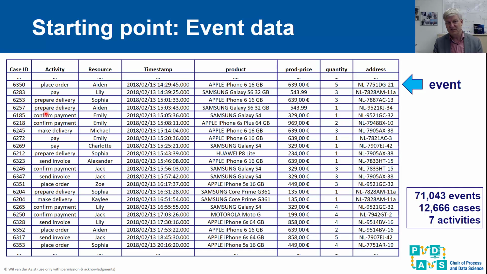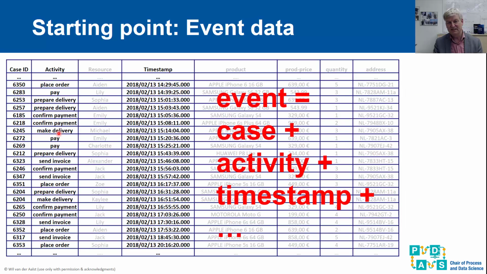Every event, so every row, can have an arbitrary number of attributes. But the minimal requirement for process mining is that for every event we know at least the case identifier, the activity, and the timestamp. So these are three mandatory attributes of an event.